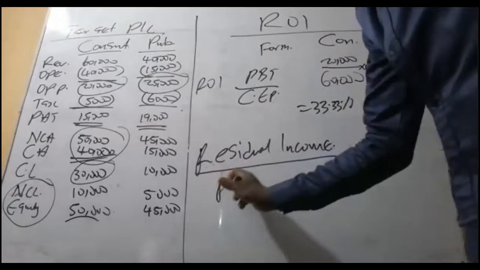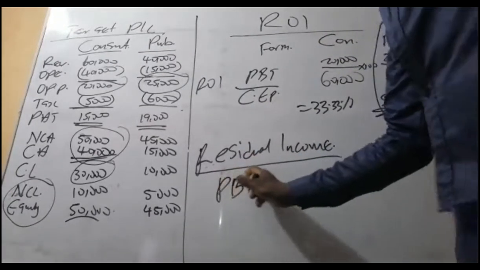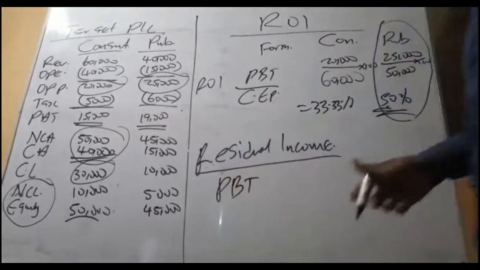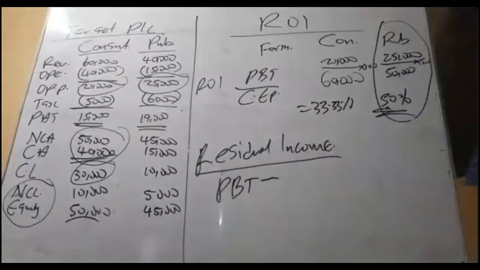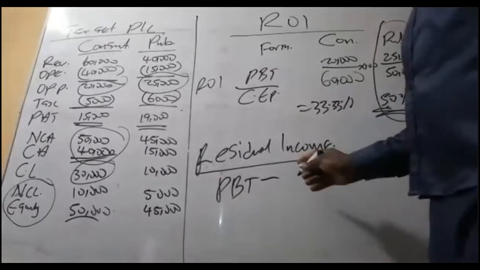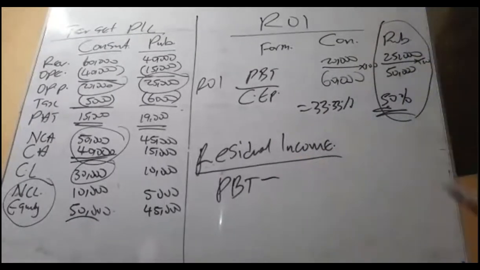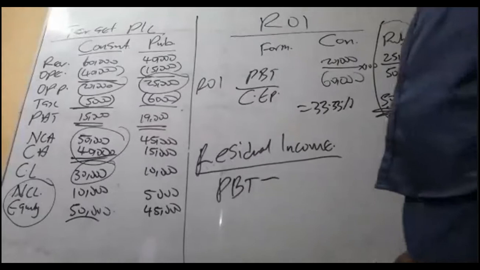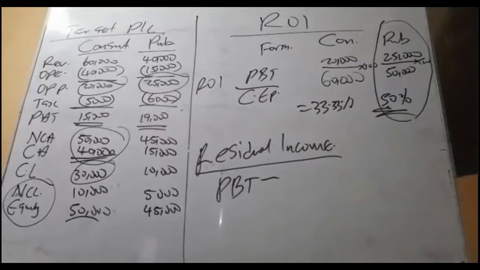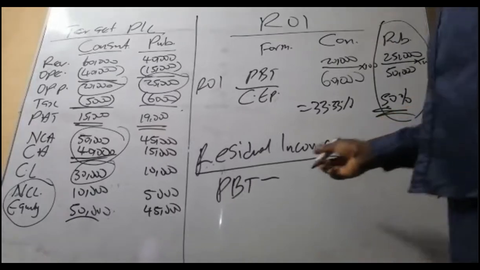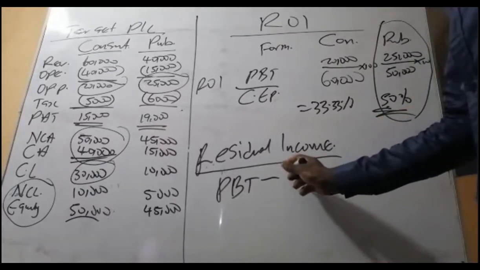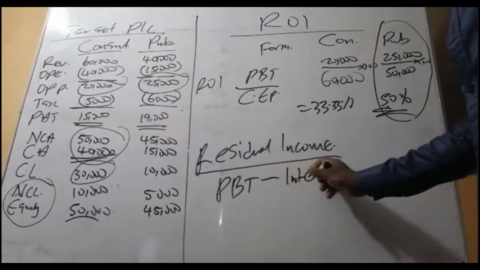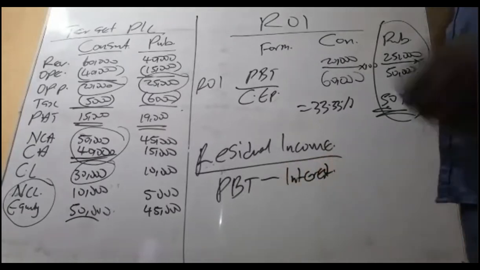So the formula is profit before tax, but it must be after depreciation, less what? Less the implicit cost, or the interest cost, or the cost of capital. So I'll call it implicit cost, or let's call it interest. That's all.